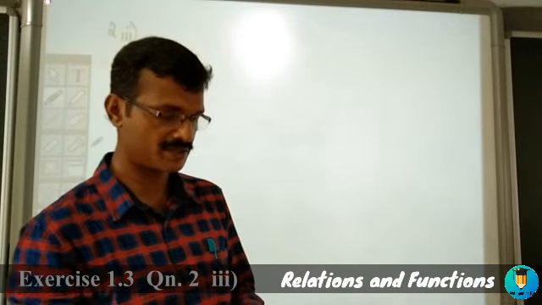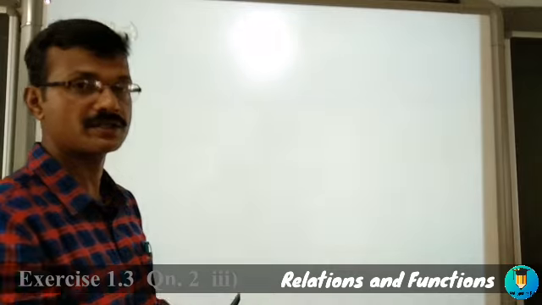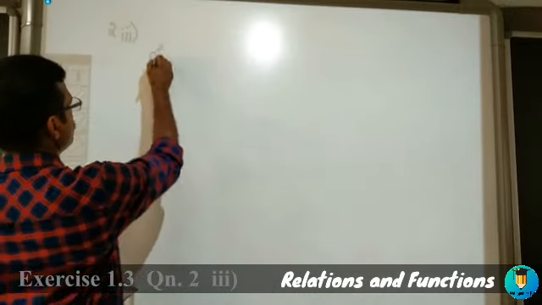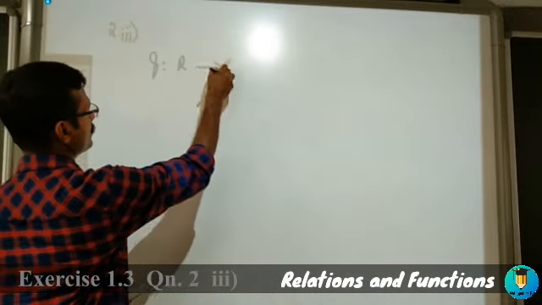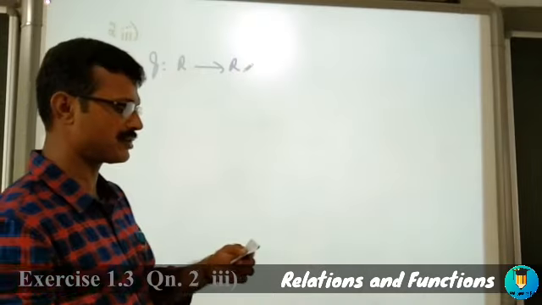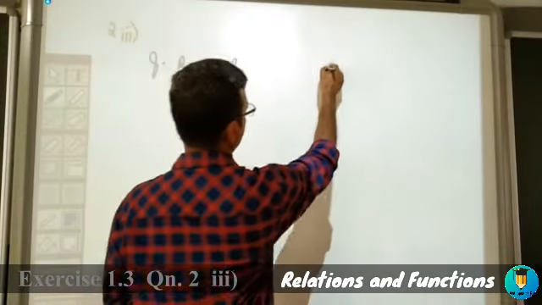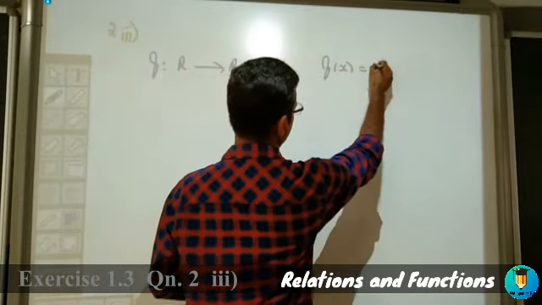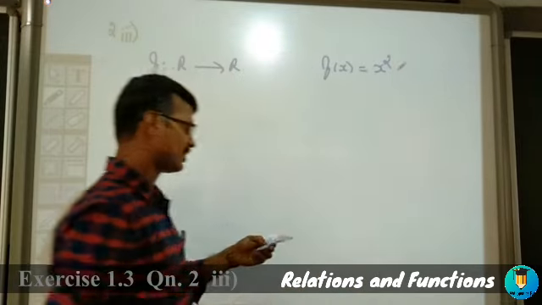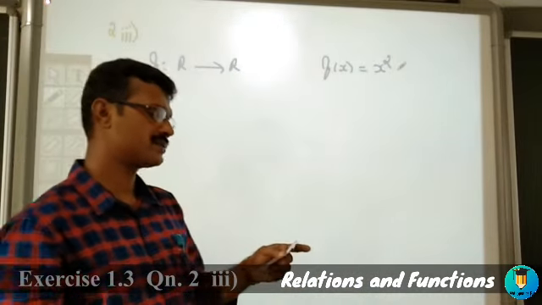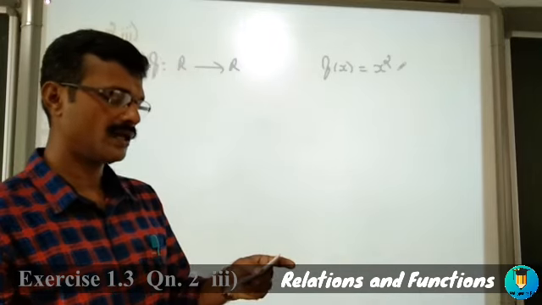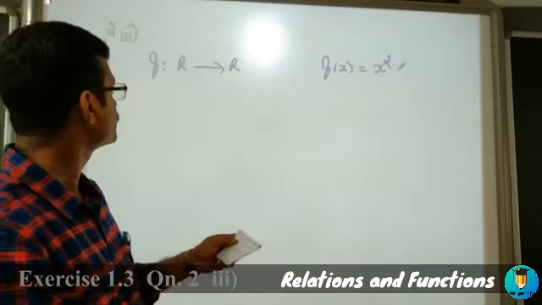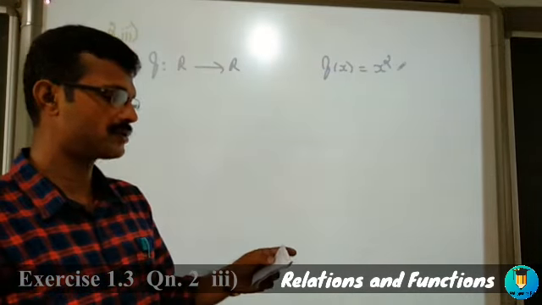We have to check these two things for the function f defined from R to R, real numbers to real numbers, defined like this: f(x) is equal to x square.